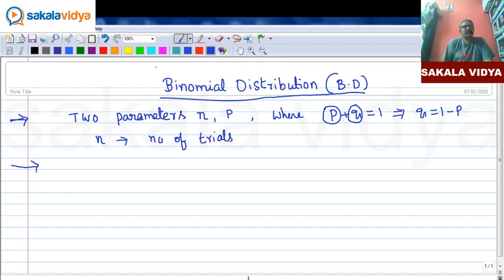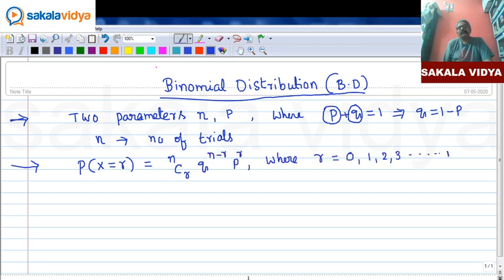In binomial distribution the probability is given like this: P of X equal to r, that means probability of getting r successes, is nCr q to the power of n minus r and p to the power of r, because they are countable, that is discrete. Suppose you substitute r as 0, P of X equal to 0 gives nC0 q to the power of n p power 0.